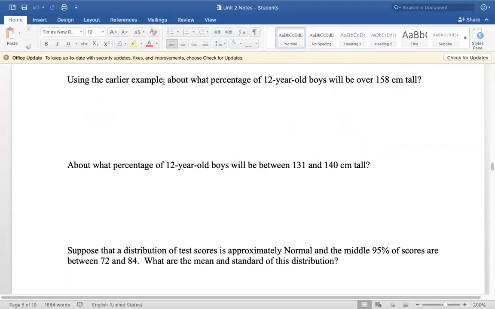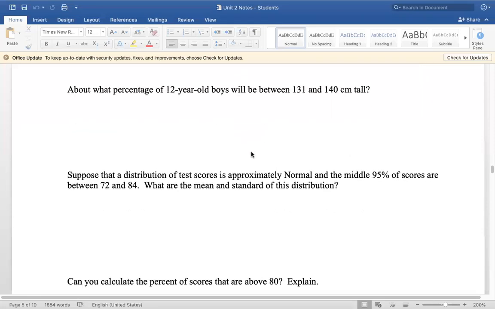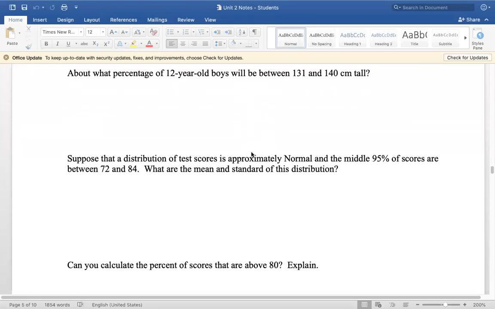Okay, moving on to the next one. About what percentage of boys are going to be between 131 and 140? Okay, so I'm going to draw a graph again.